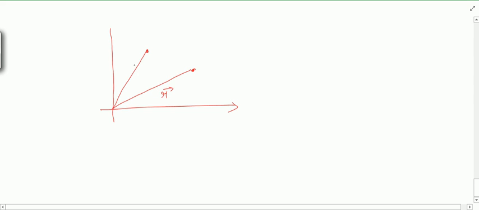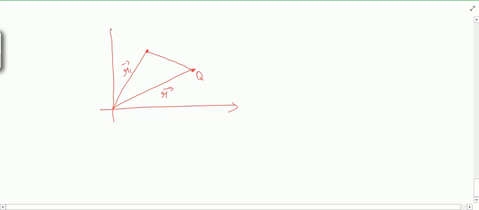Now if the point charge is present somewhere other than the origin, suppose here, with position vector r vector, and I want to move a charge from infinity to a location with position vector r1 vector, right?